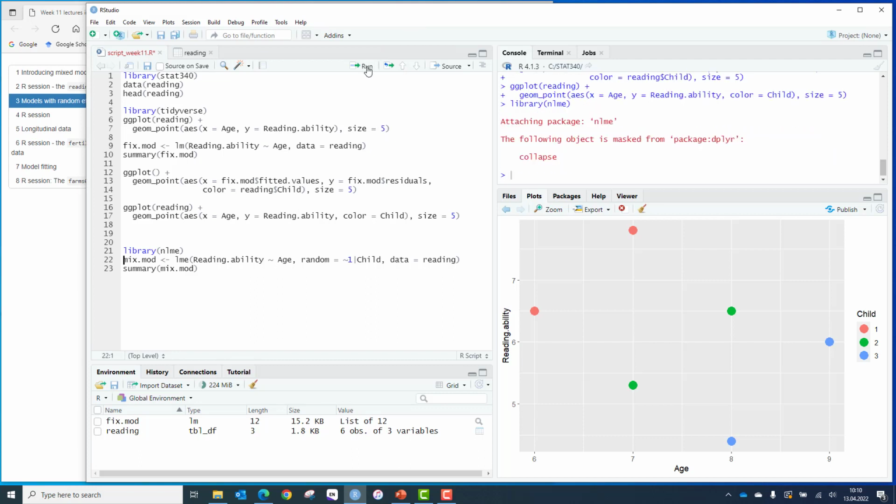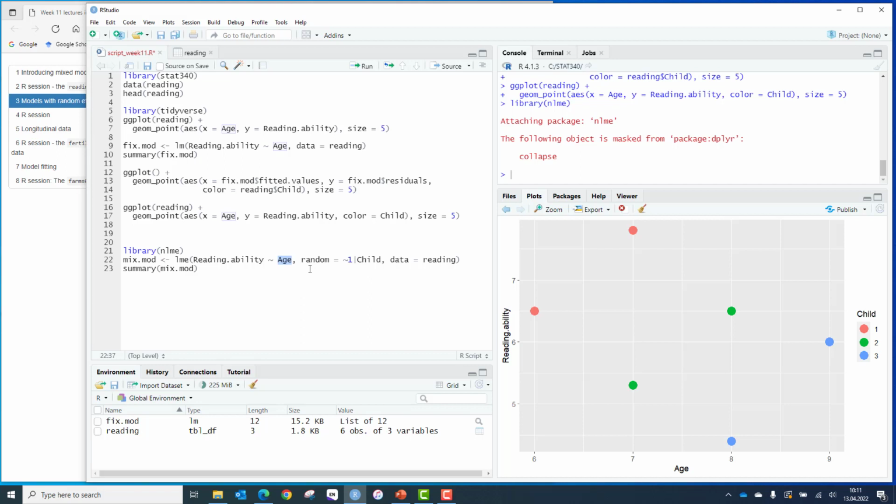So let me just load this package. And then here is how you fit a mixed model using this package. First of all, in general, you can see that this is not very different from the lm function that we have used before. The function is called lme. Almost the same name. Again, we specify the response here, and we use this tilde operator, and then we specify the rest of the model, the predictors, you could say here.